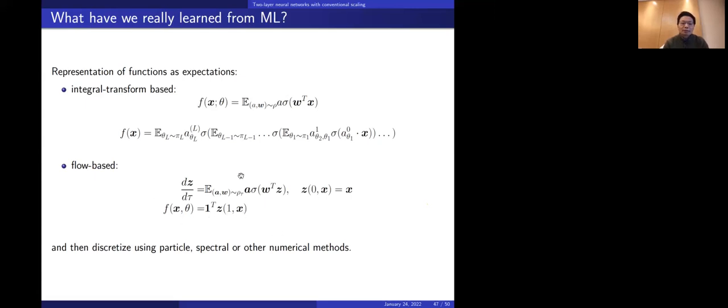Behind ResNets, we have this particular formulation, a representation of functions. Behind multilayer neural networks, the kind of multilayer spaces we defined that I said was not satisfactory, there's this kind of representation of functions as expectations. And I think this is the most essential component that we need to think more about.